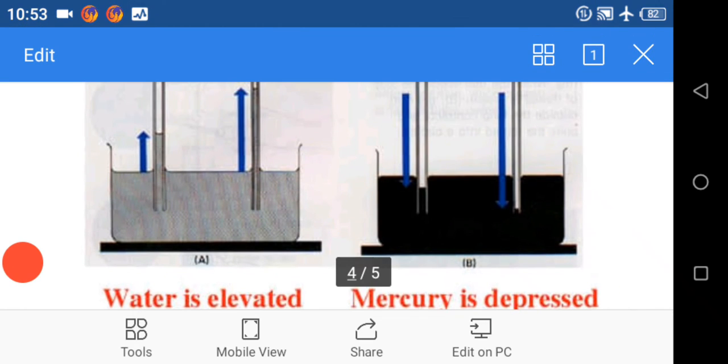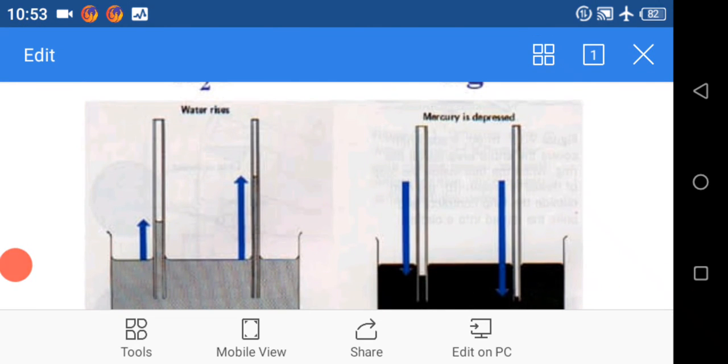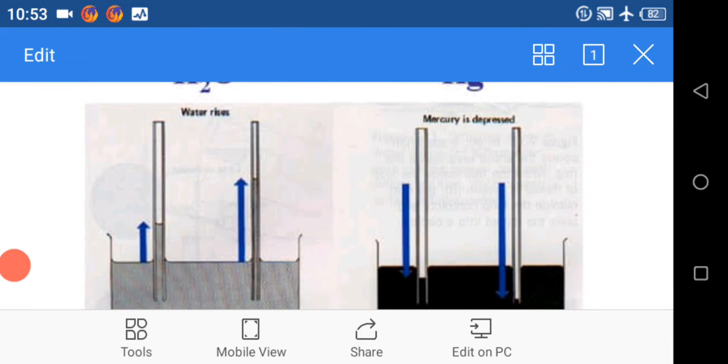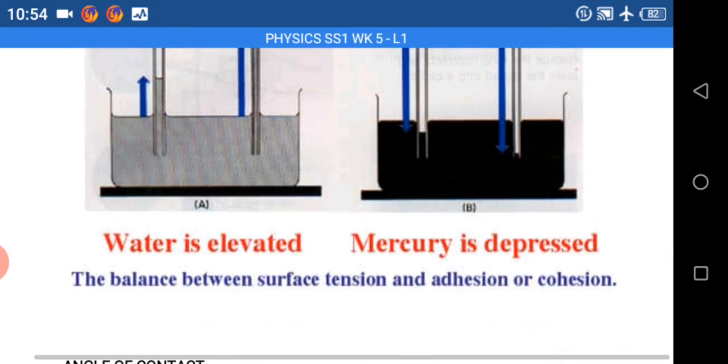You can see the diagram, so that the level of water rises in the tube, while the level of mercury is depressed.